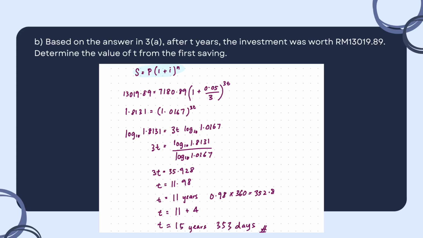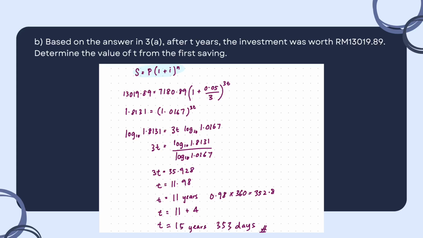35.928. After that, we bring the 3 to the other side to know the value of T, and divide 35.928 by 3, and we will get 11.98.